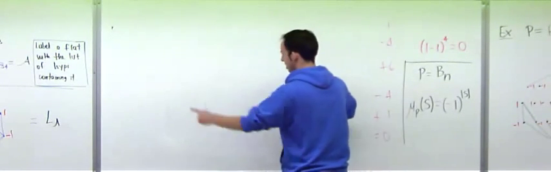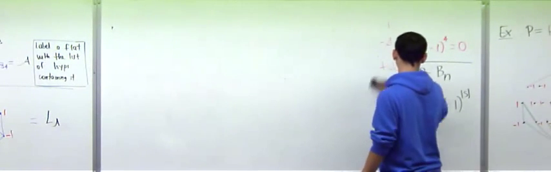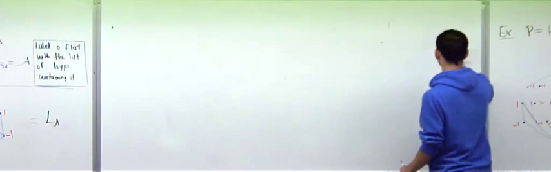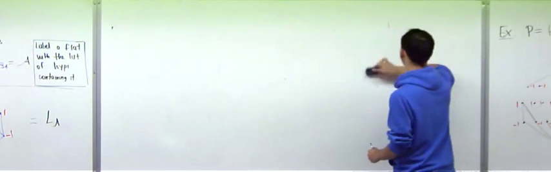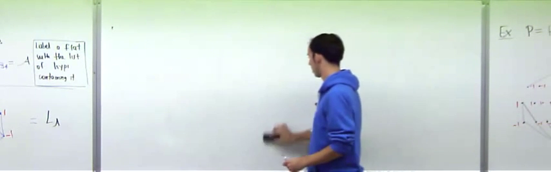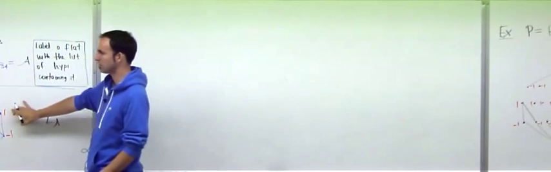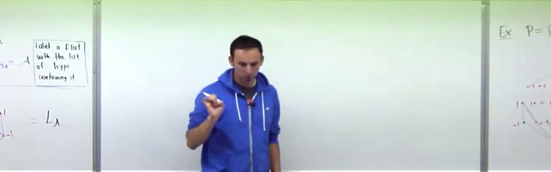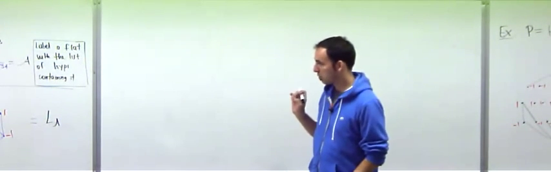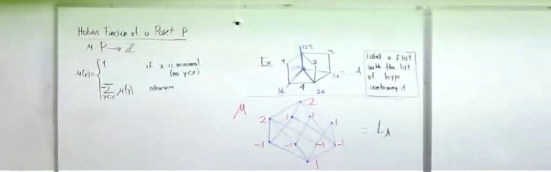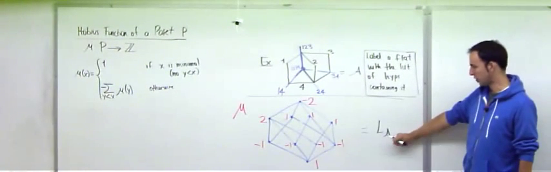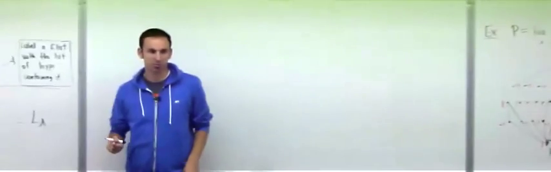I mean, that's a little bit uglier. But it's what we want to study. We want to study now the Mobius function of the intersection poset of an arrangement. Okay?